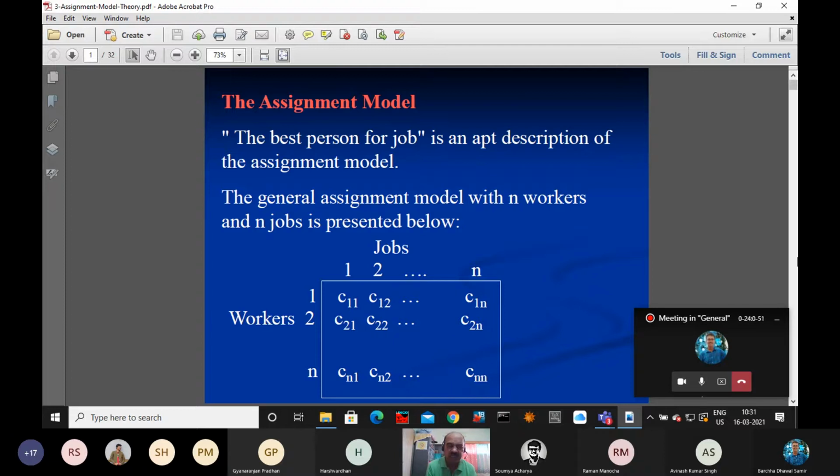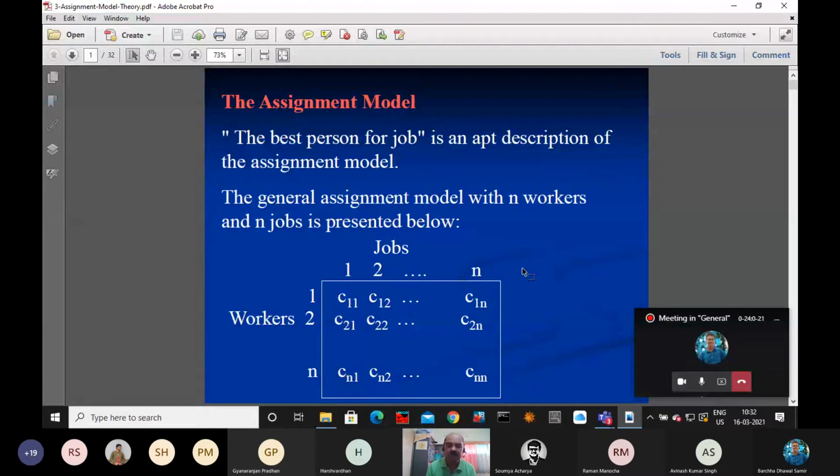These machines or workers are all capable of processing all the jobs, but their processing times are different. For example, as you observe here, machine 1, machine 2, machine n, or you could say worker 1, worker 2, worker n, and the jobs are 1, 2, 3 up to n. What is the processing time?